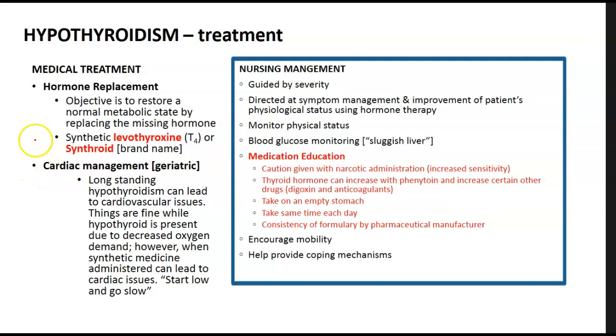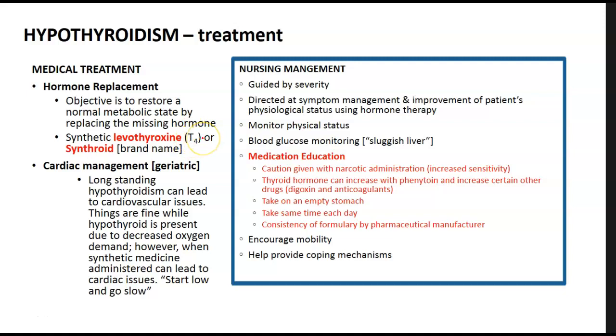Treatment: hormone replacement. This is lifelong, so this is something a patient will just have to work through and accept, because they'll have to be on it for life. It's synthetic, either levothyroxine or Synthroid, which is the brand name, which is basically synthetic T4.